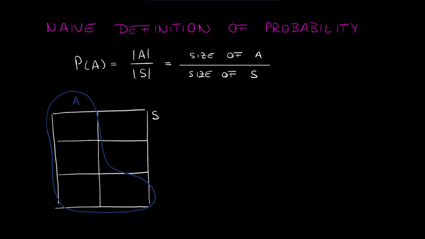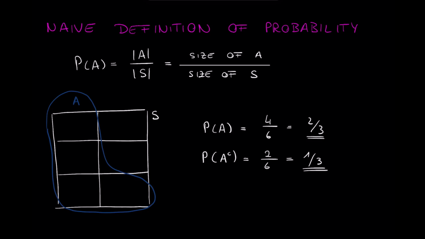Let's again take a look at an example sample space with an event A. A consists of 4 samples and the sample space is of size 6, so the probability of A is 2/3. We can also introduce the complement of A again and see that the probability of it is 1/3.